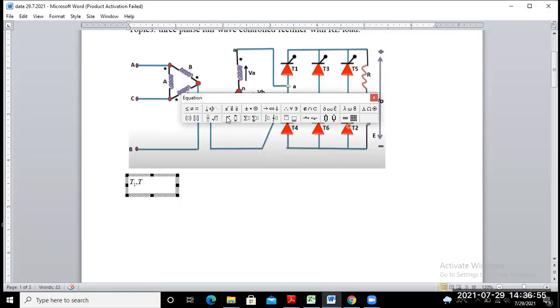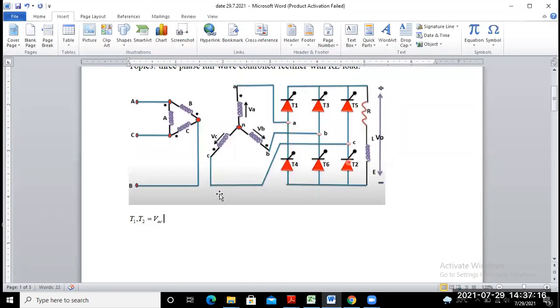When thyristors T1 and T2 conduct, that voltage is represented by VAC. When thyristors T3 and T4 conduct, that means this one and this one, so the voltage can be represented by VBA. For VAC, you may be aware that A is positive and C is negative, so VA minus VC is your VAC.